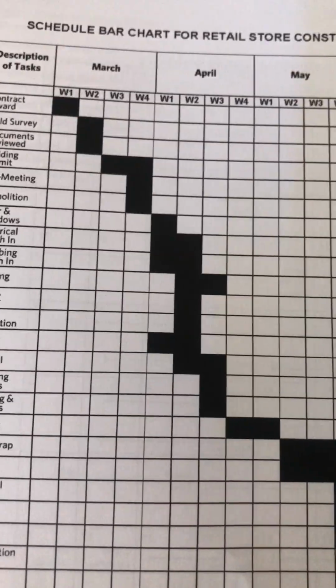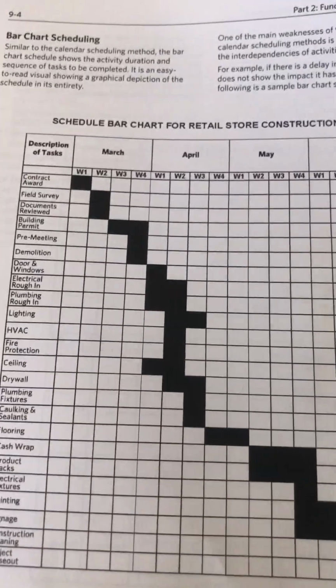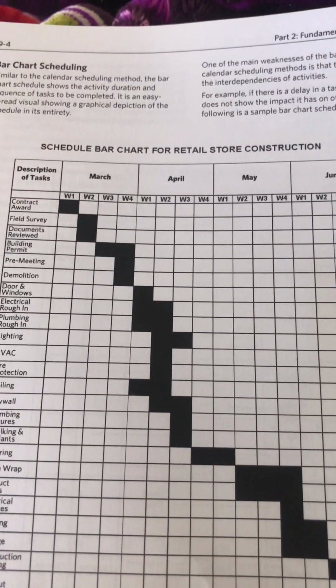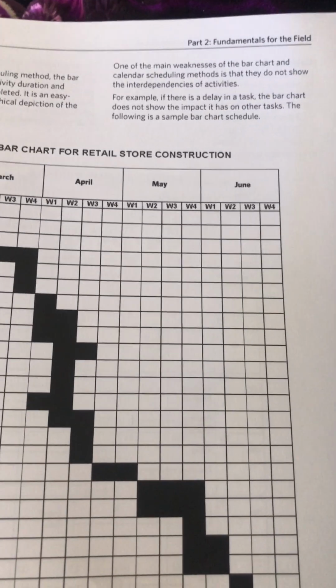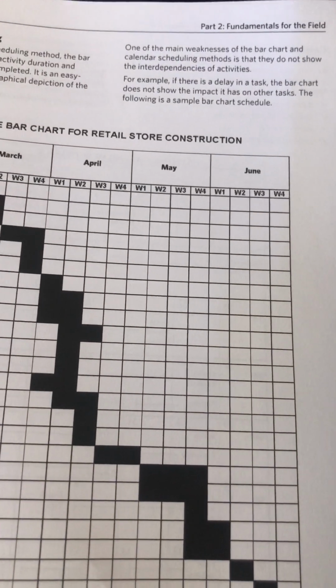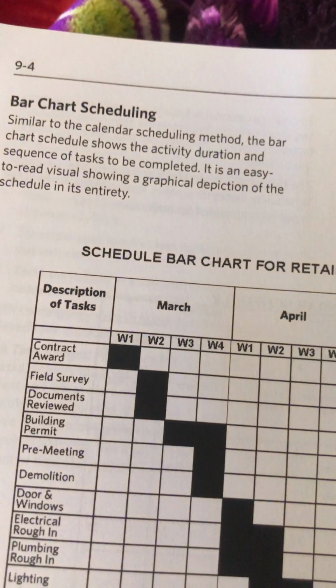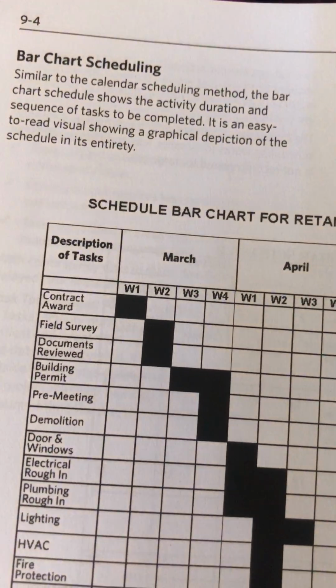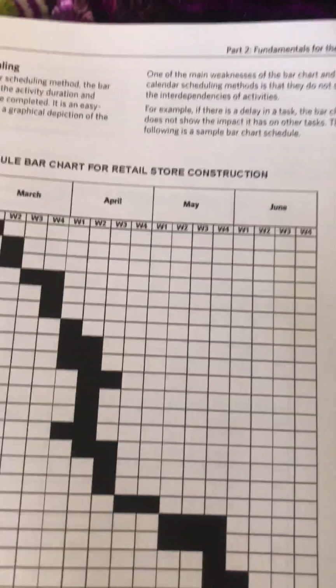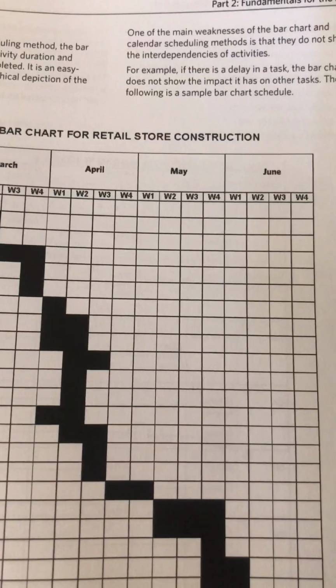If this just had dates instead of being a bar chart, they're the same thing. I don't know why they even use both of those. But I guess because the bar chart is easier to look at and read, somebody was like, oh, this is just easier to look at.